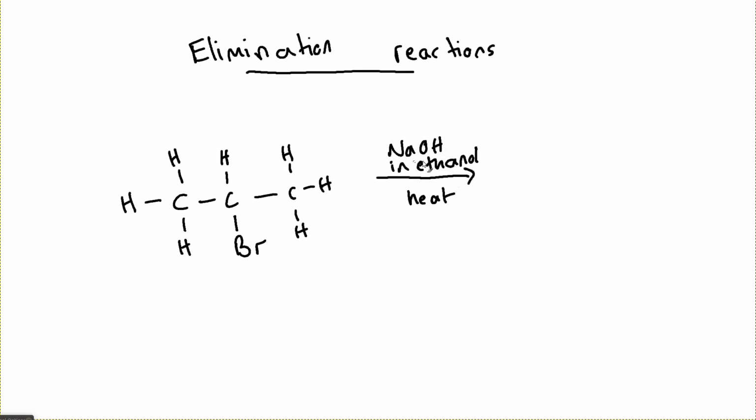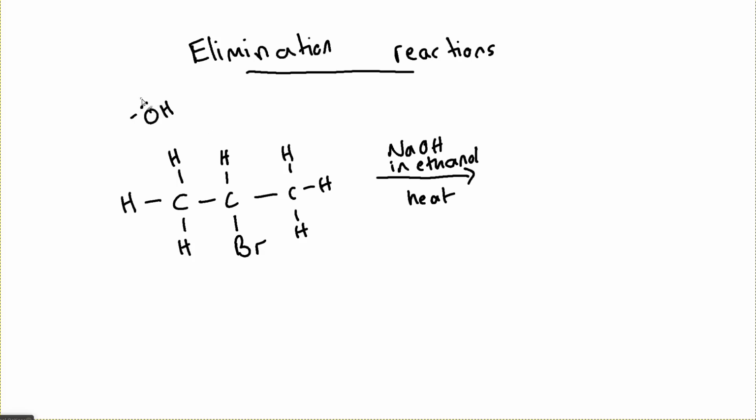However, if instead of having the sodium hydroxide aqueous, you have sodium hydroxide in ethanol solvent and you heat it, what will happen is the hydroxide ion can then cause an elimination reaction.